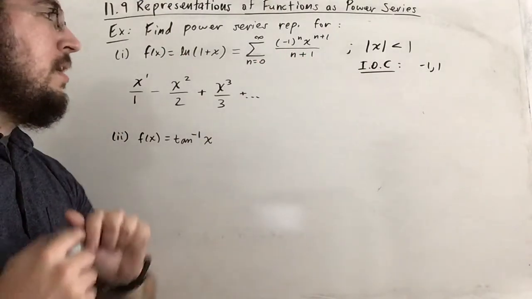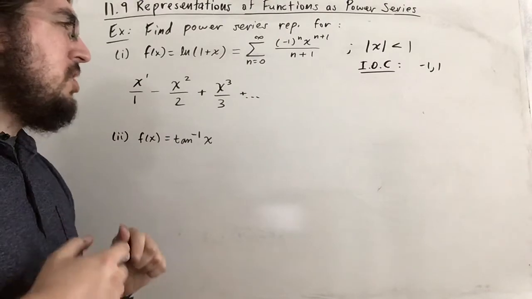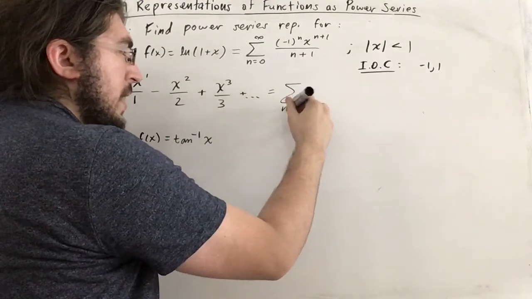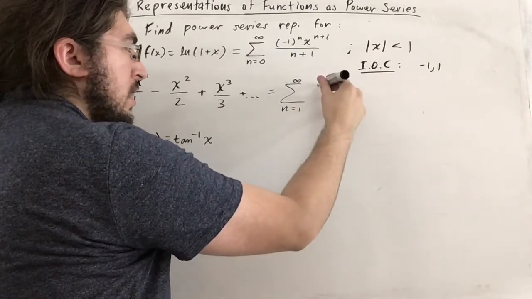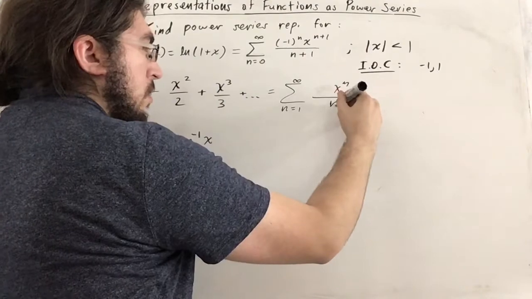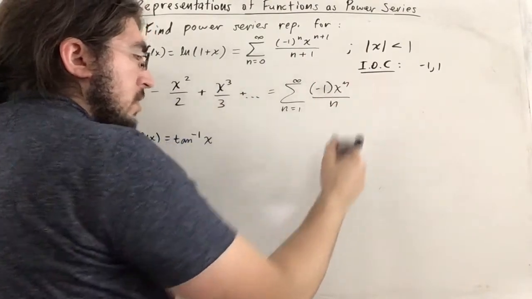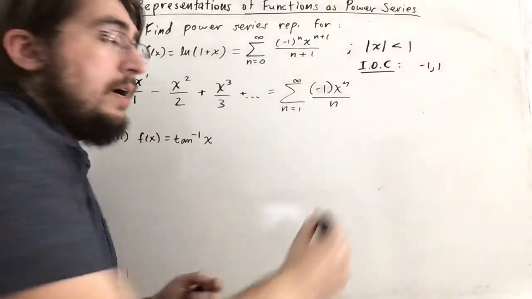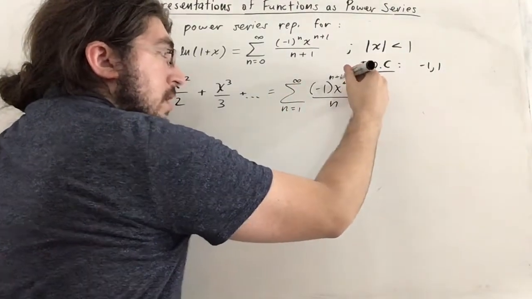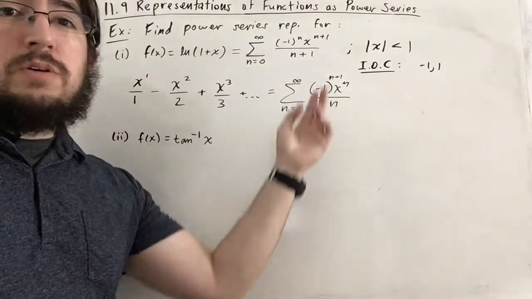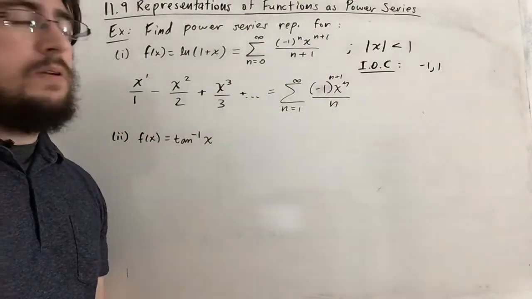Good. But now the issue, I think, is that notice this is really the sum from n equals 1 to infinity of x to the n over n with an alternation of signs. And the power should be n plus 1. And the reason there is because when you plug in 1, you get negative 1 to the 2, which is positive for the first one.